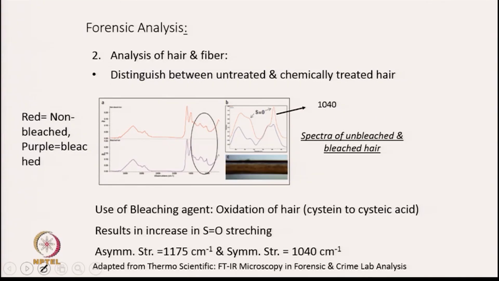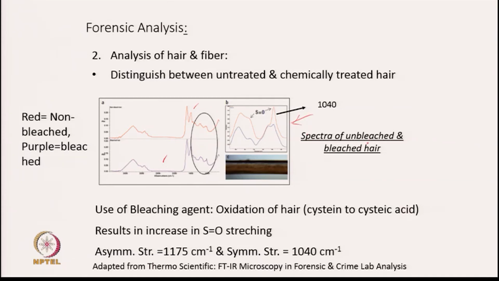So, here is the FTIR spectrum of untreated and chemically treated hair. The red one is non-bleached hair and the purple one is bleached hair, and there is a difference between these, which is zoomed at this place.